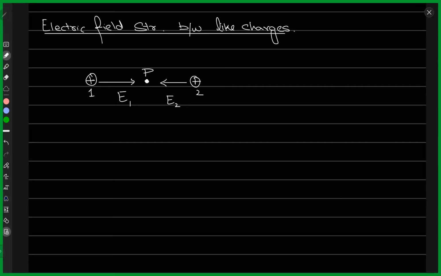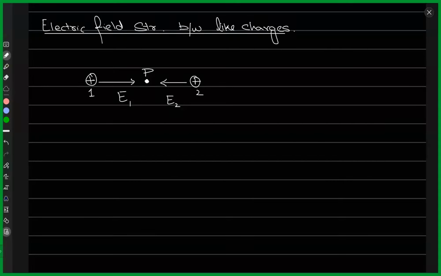Let's try to compute, if I put anything on this point P, what would be the total electric field that the point P would experience? Let's compute that. Okay, so is everyone following along with what I'm going to do now? Is the scenario clear?